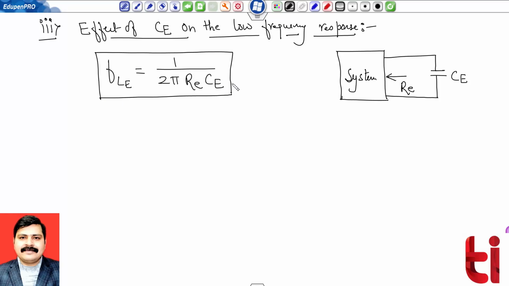For that, consider the situation that my Ci and C naught are equivalent to short circuits, so that the contribution of Ce alone can be studied. In that situation, the localized equivalent network will be like this.